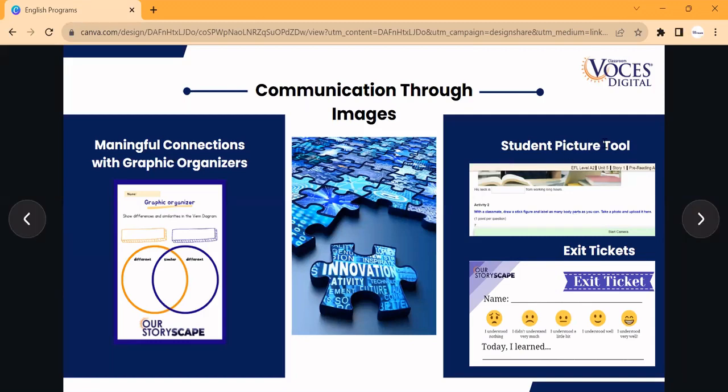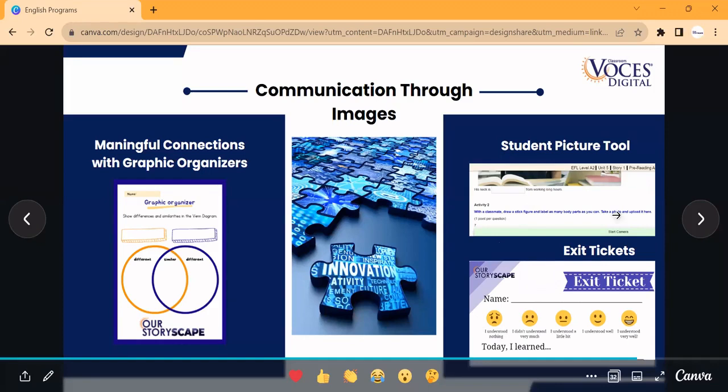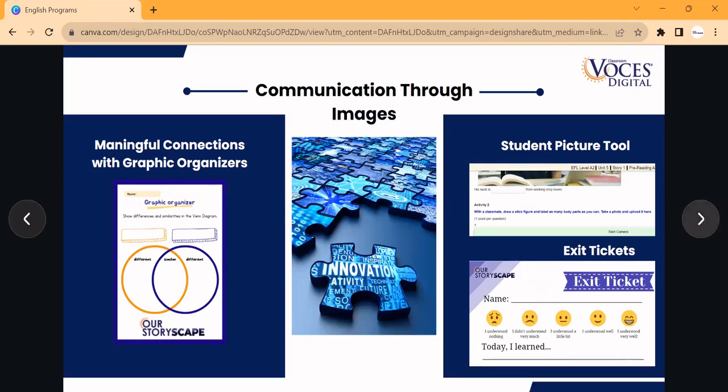We also have our picture tool that our team members talked about yesterday, that you can use to take pictures of your students' production. We also have exit tickets to assess students' ability and skills during or after every class.